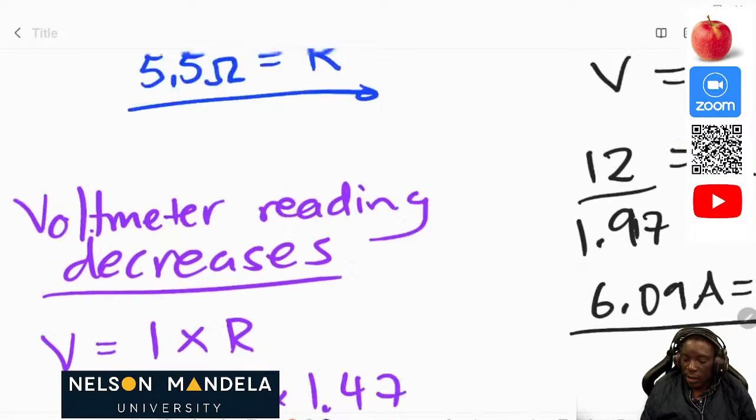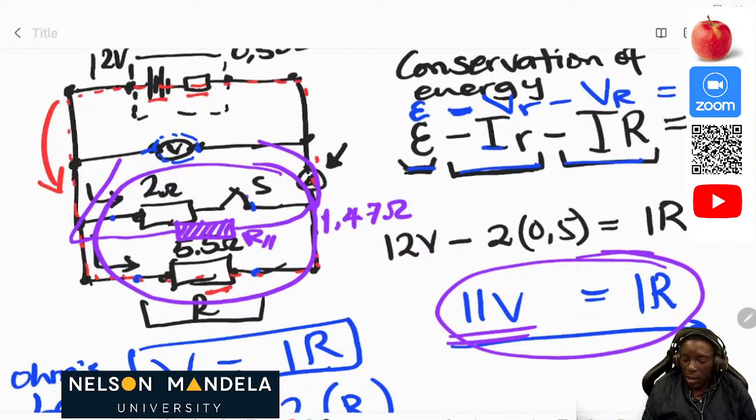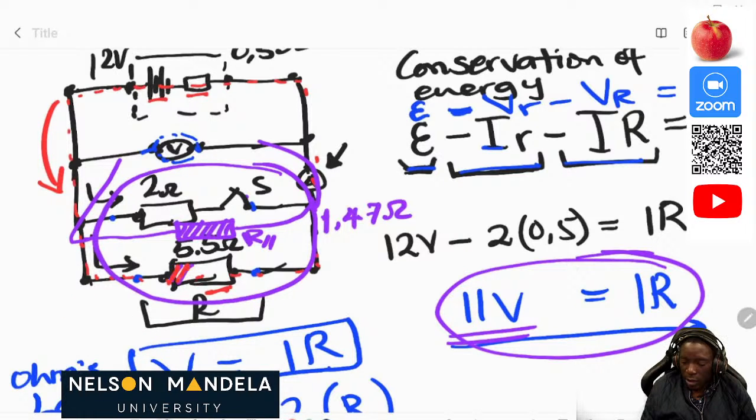So the other way we can see that it decreases, you can just look at the circuit in terms of how resistances and voltages vary. Initially we had only a 5.5 ohm resistor, which is this one I'm shading in red.